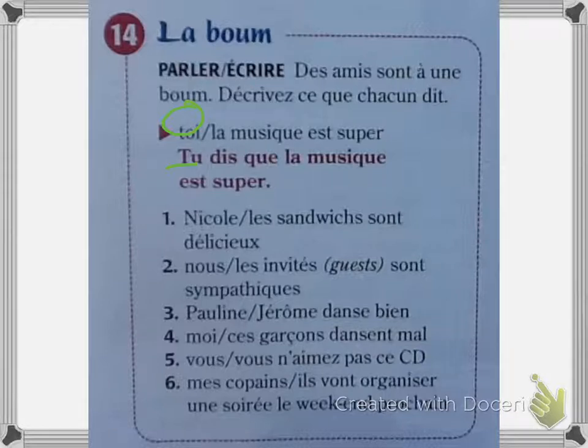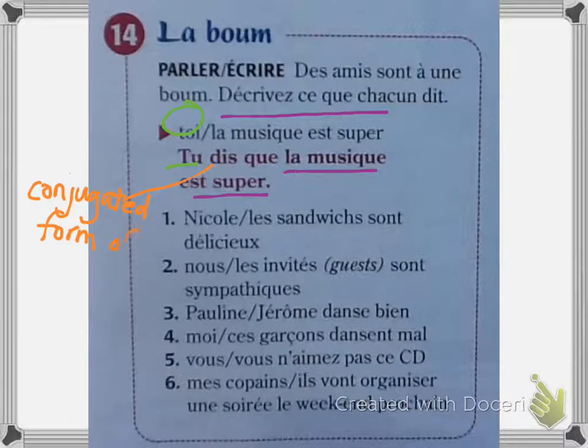What they give me here is going to come after my que. And notice what we're kind of adding to this is our conjugated form of dire. And then always que, or qu'apostrophe if what starts next is with a vowel or a silent H.